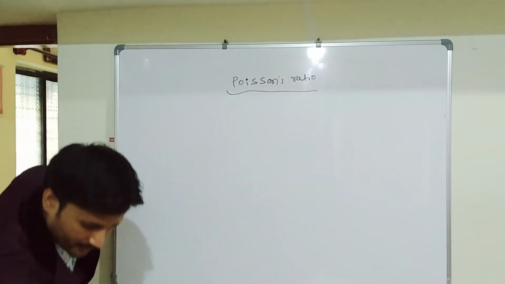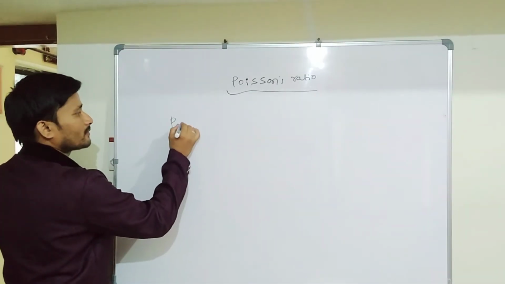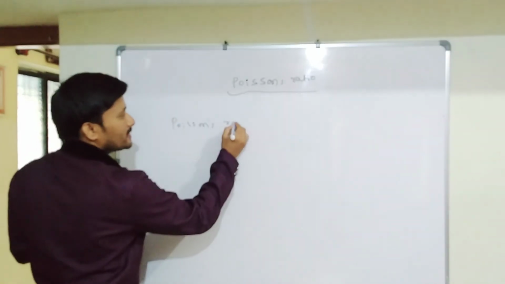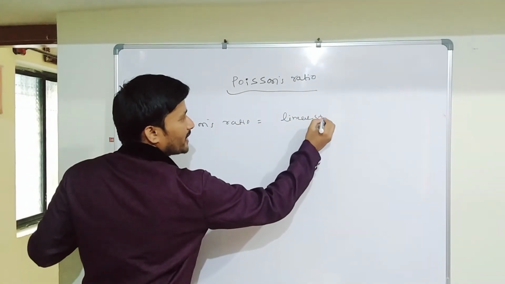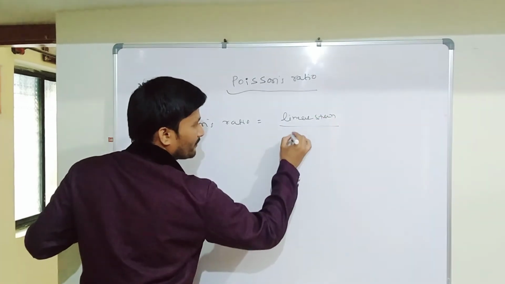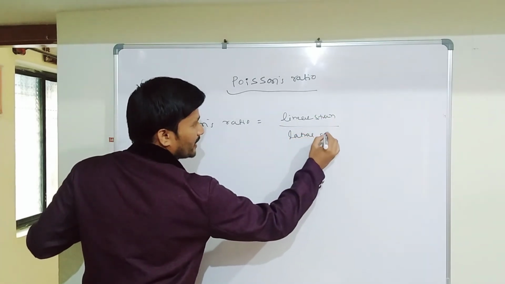Okay, next, we know that Poisson's ratio is equal to lateral strain by linear strain.